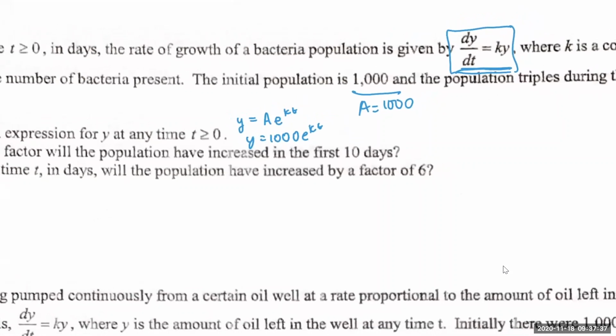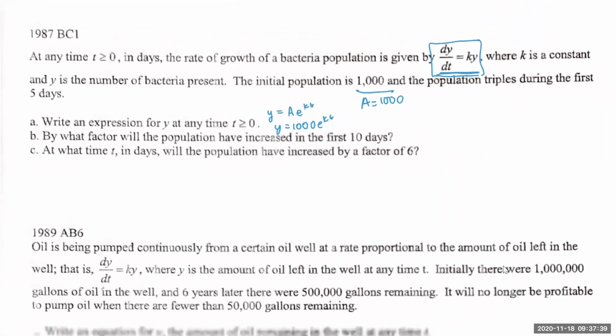Can you go ahead and use the information of the population tripling to solve for k?